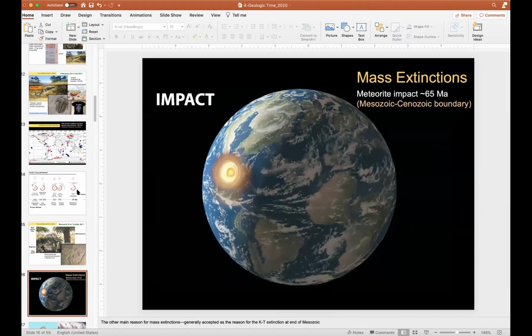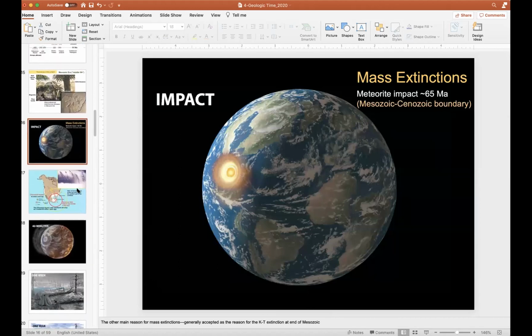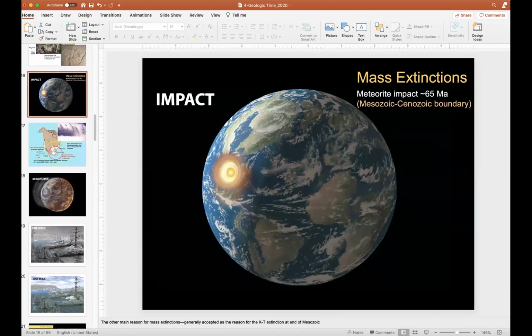Okay. The KT boundary, so this is the meteorite impact that led to that 65 million year extinction event that killed off the dinosaurs. It hit in the Gulf of Mexico, or what is currently the Gulf of Mexico.